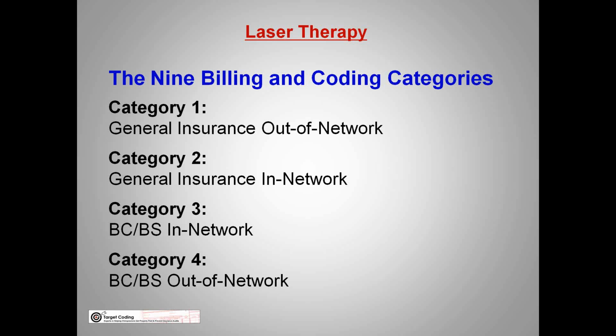Okay, next, category 3, Blue Cross Blue Shield. You are now in network with Blue Cross Blue Shield. Well, again, you could only collect the copay for the covered services. You can collect, most of the time, cash for the laser. In network, you would not be able to collect more than just the copay for the covered services. But here's the thing. Be careful.